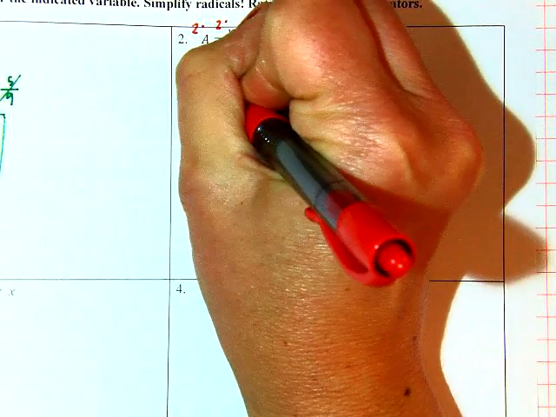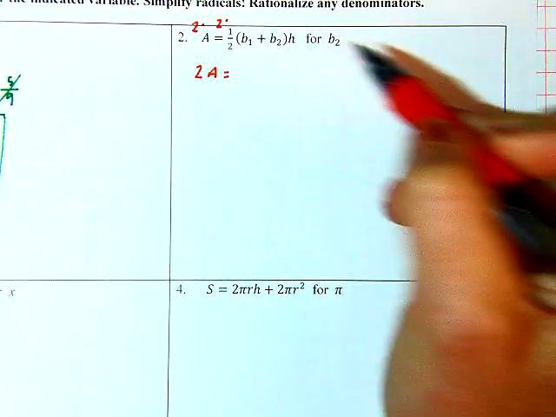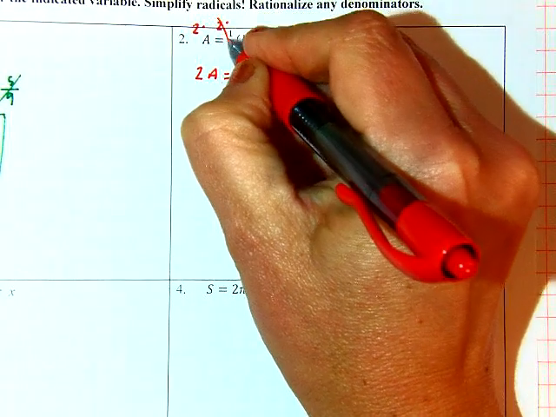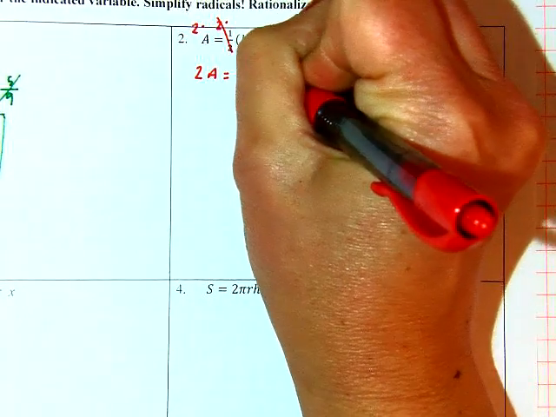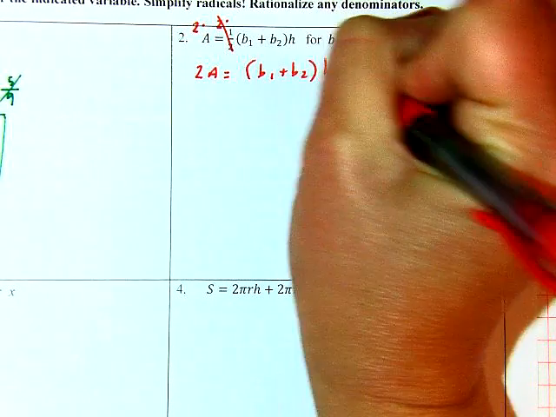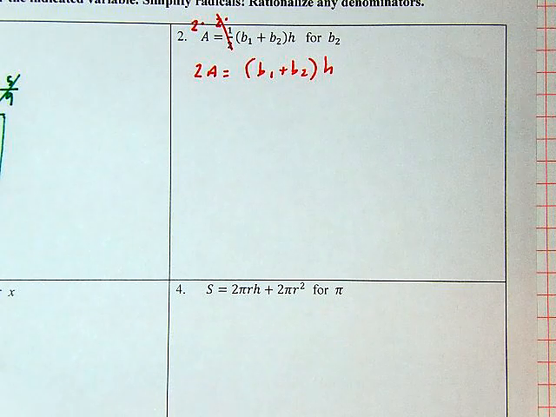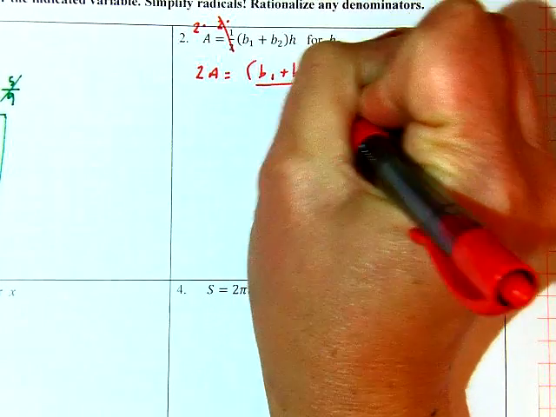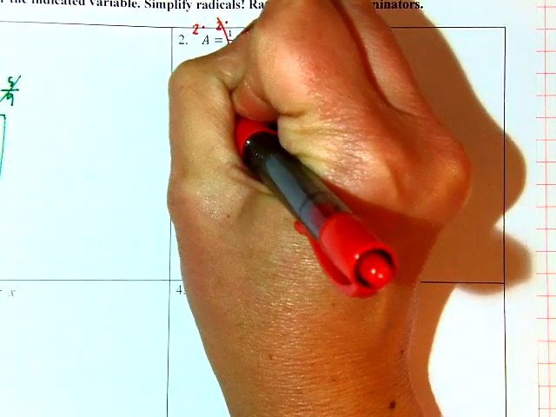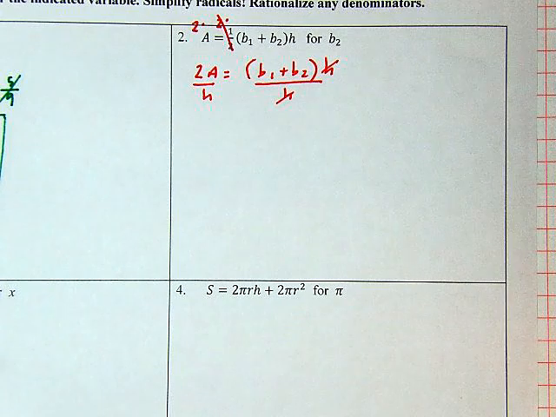So now I have 2a equals 2 times 1/2, that just cleared away to just 1. So now I have base 1 plus base 2 times my height. I'm trying to get that base 2 by itself. So the next stage, I would divide out the height. Again, that cancels away 1 to 1.